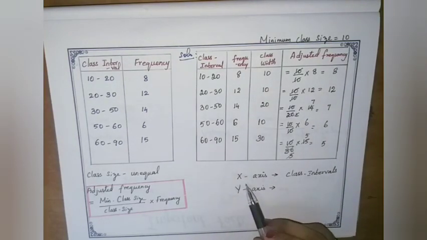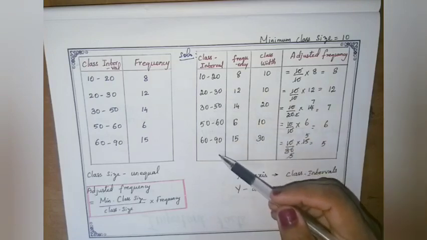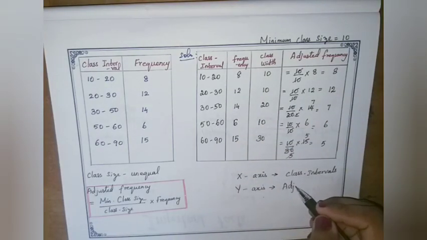So for representing the histogram for this data, on the x-axis we will take the class interval, and for the y-axis we will take the adjusted frequency.